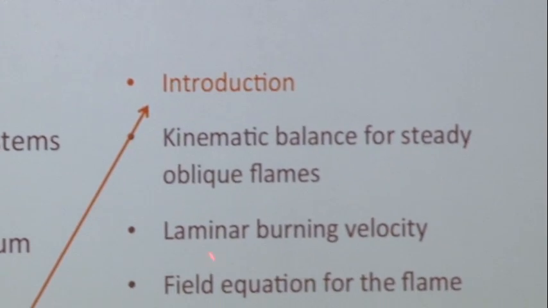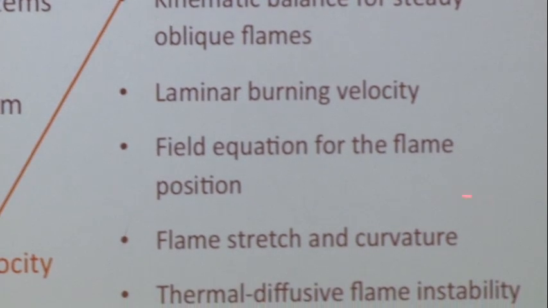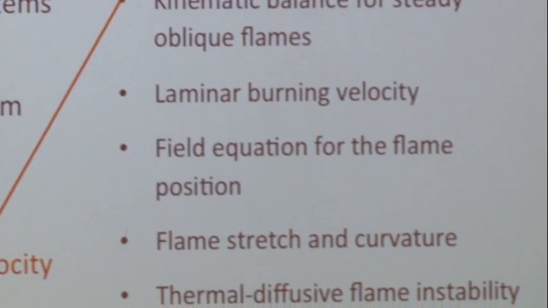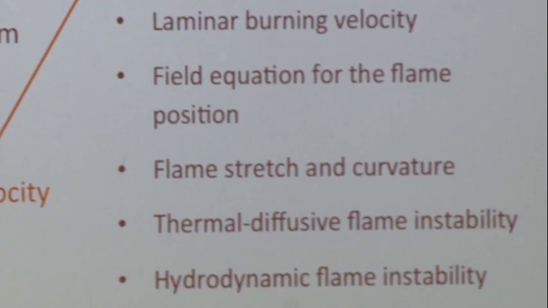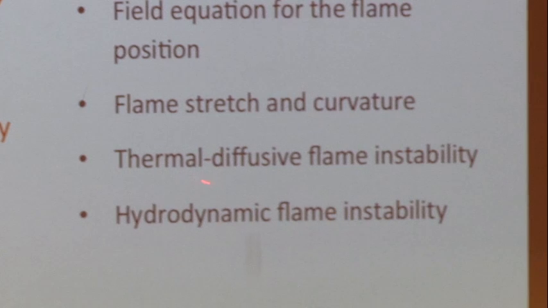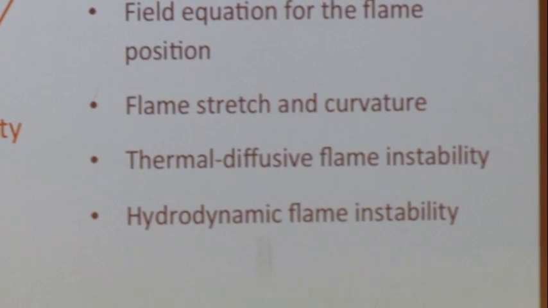Here we want to talk about the kinematic mass balance, burning velocity, how to measure burning velocity, how to compute burning velocity. Then we'll introduce an equation that you can use to look at flame dynamics, and then finally we'll talk about modifications to the burning velocity which could lead to instabilities.